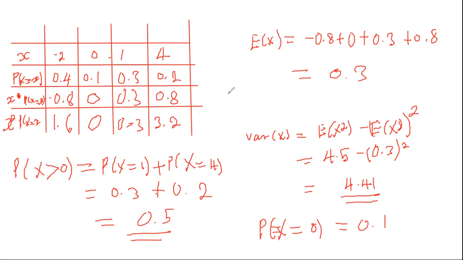That gives us the mode of a discrete random variable. So for this case, which value of x has the highest probability?